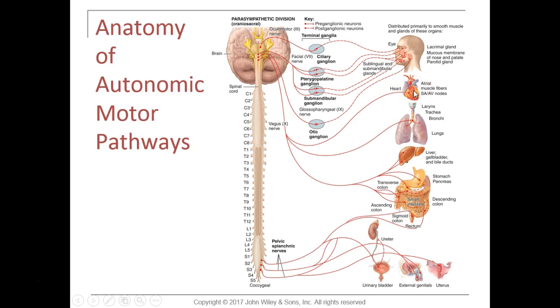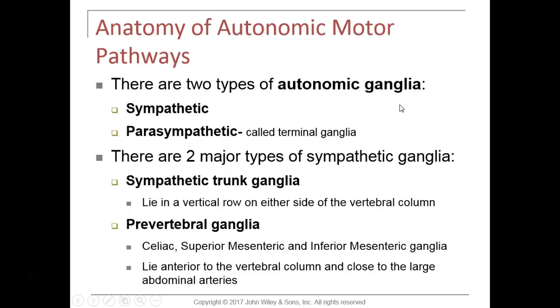So for that reason, we call the ganglion where a parasympathetic preganglionic synapses with a parasympathetic postganglionic neuron, we call that ganglion a terminal ganglion, because the preganglionic neuron is terminating at the organ of interest and then making a synapse with the postganglionic neuron.